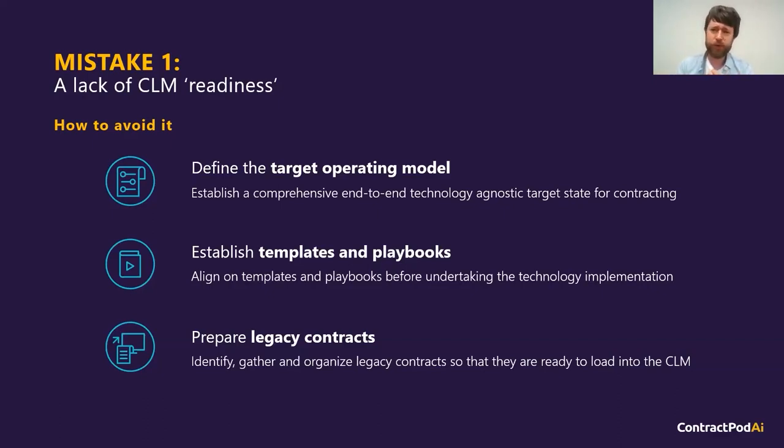Are those processes what you want to take forward into the new world? What roles and responsibilities, service delivery model, what governance structure do you have? What's your overall risk appetite and strategy as a business? What are your data and analytics needs?